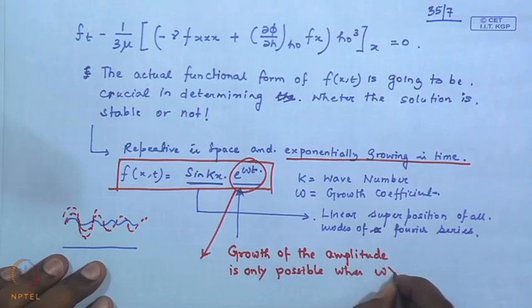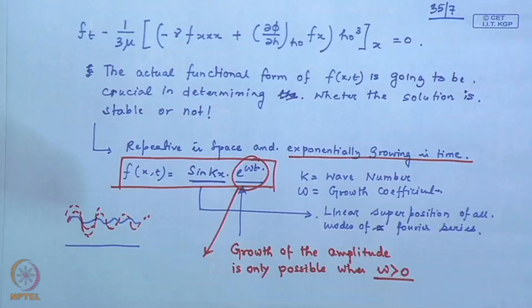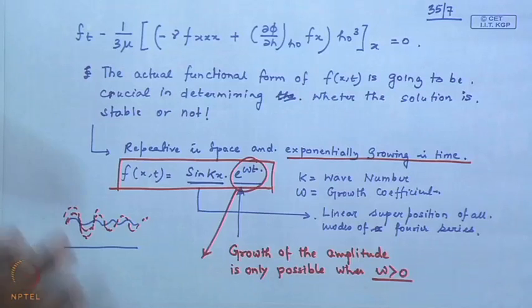when omega is greater than 0. If omega is less than 0, then with time this term is going to tend towards 0 and the perturbation is going to die down. In physical terms, we know that these fluctuations are always opposed by surface tension.